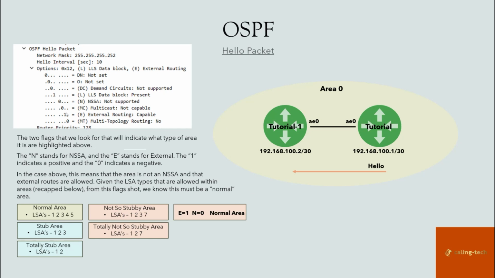So let's have a quick look at what those two flags will show us from an OSPF area perspective. If E equals 1, external routing, LSA type 5, and N equals 0, which means it's not an NSSA, then it must be a normal area, because that's the only place we'll see an LSA type 5. If E equals 0 and N equals 0, which means external routing is not allowed, which means no LSA type 5, and it's not an NSSA, then it must be a stub area.